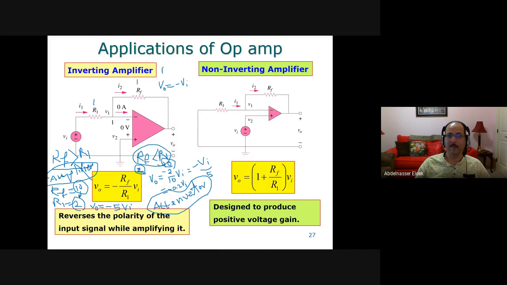So if RF equals R1, there is no amplification here. You do not amplify or attenuate. You just invert. So in this case, we call it an inverter. This circuit here is just an inverting circuit.